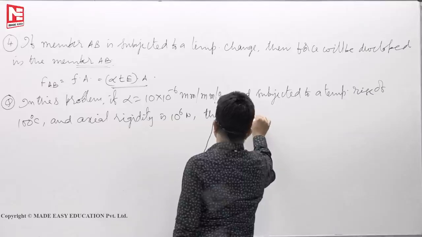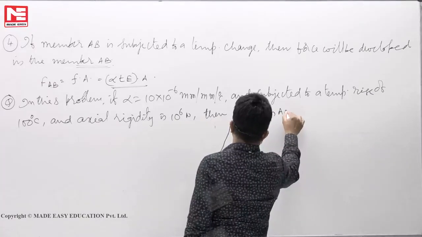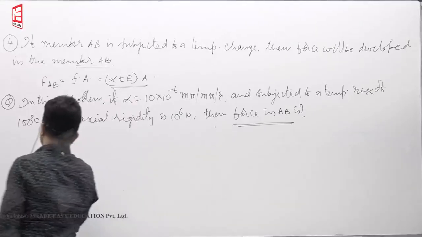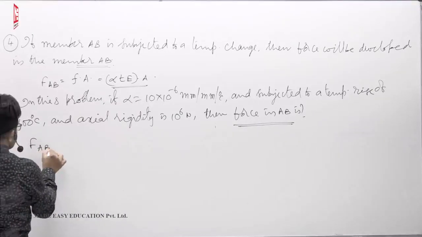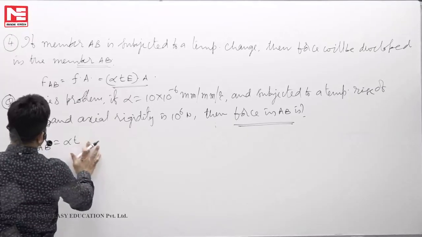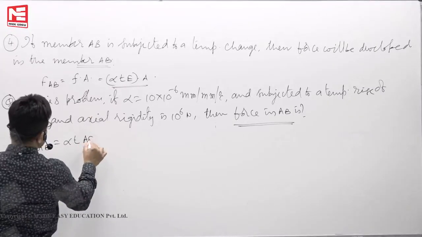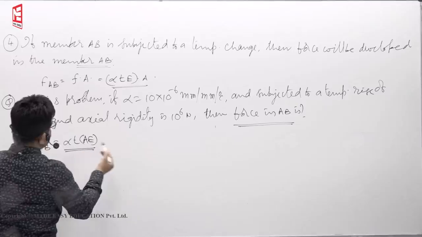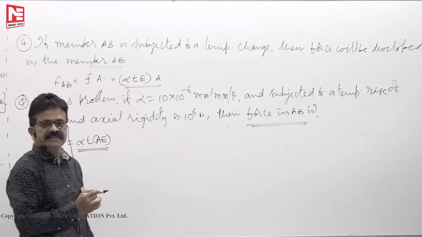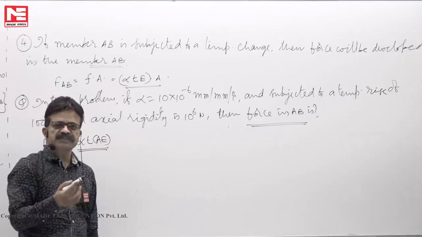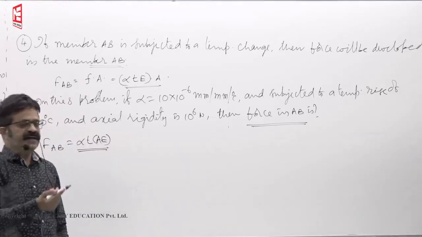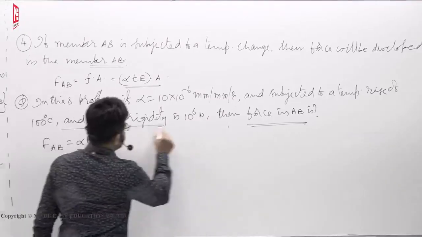Then force in AB. Now force will develop. So force in the member AB is alpha T AE. AE or EA, same. AE stands for axial rigidity. So instead of giving cross sectional area and Young's modulus, the product can be directly given under the heading axial rigidity.